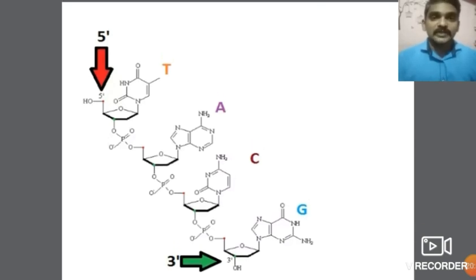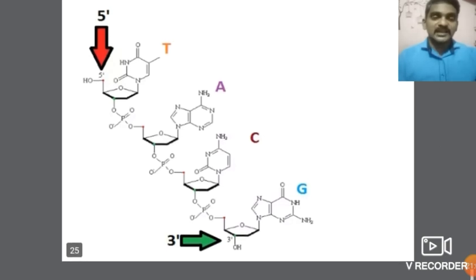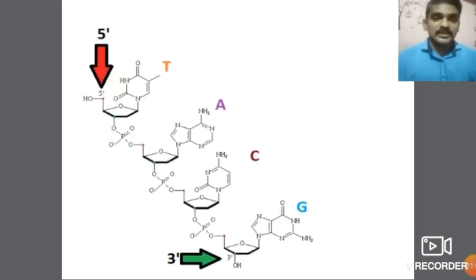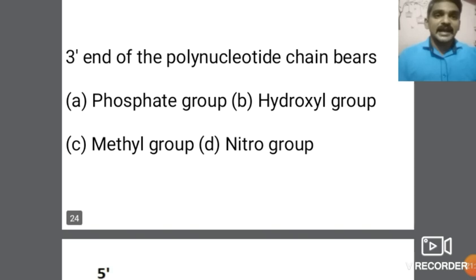So phosphate will be attached at the 5' end. Whereas at the bottom you can see the green colored arrow, that is the 3' end. At the 3' end, the ribose sugar's third position will have an OH group. So always in the polynucleotide chain, the 5' end will have a phosphate group and the 3' end will have a hydroxyl group. So the answer will be B, hydroxyl group.